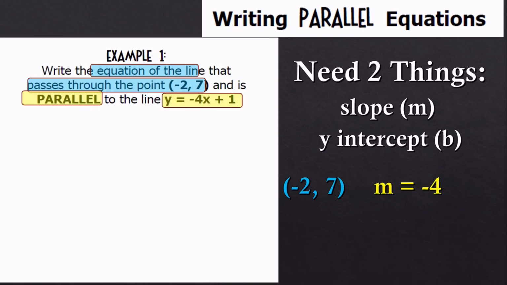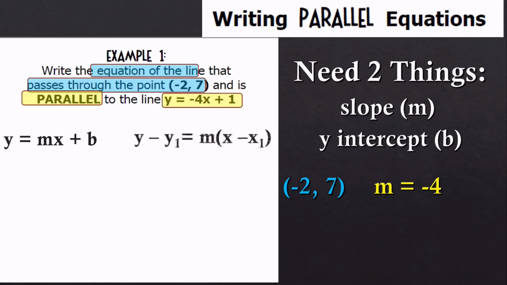So remember, I now have a slope and a point. So I can do either y equals mx plus b or y minus y1 equals m times x minus x1. I'm going to show you both methods, that way, whichever one you choose, you can check your work.